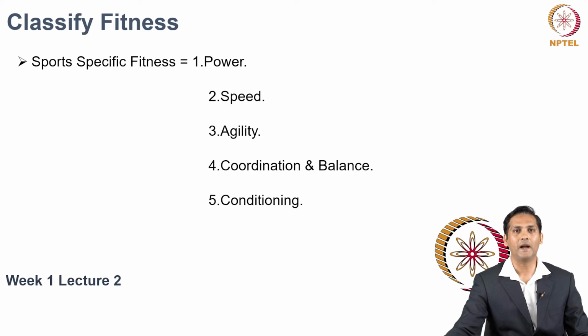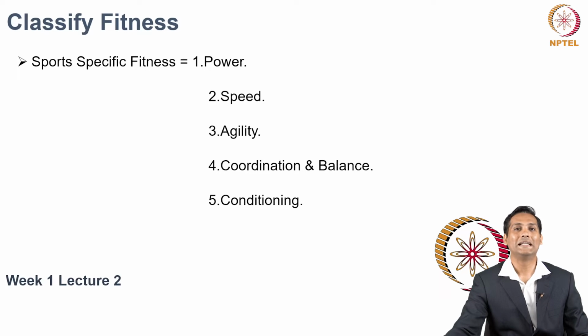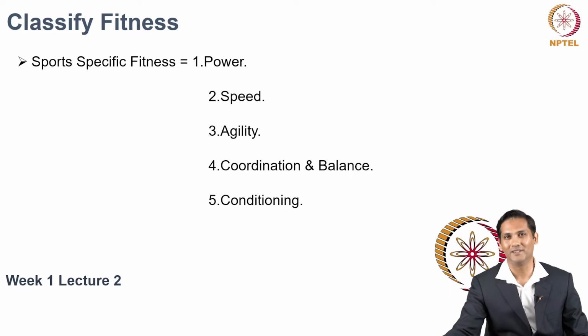So if you combine sport specific fitness and health specific fitness, there are a total of around 10 different types of fitness. So you have a lot of options to choose from for what fitness level you want to improve every 3 months, or for that matter every month. That can bring variety to your exercise routine.